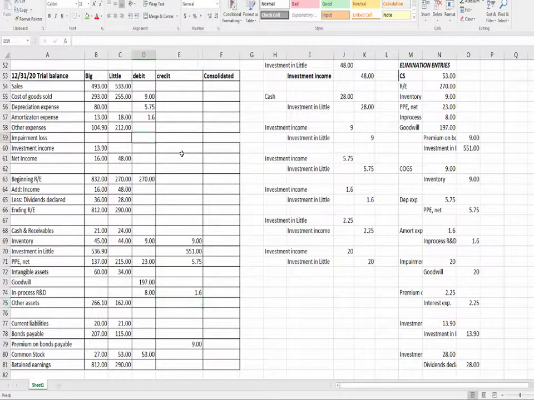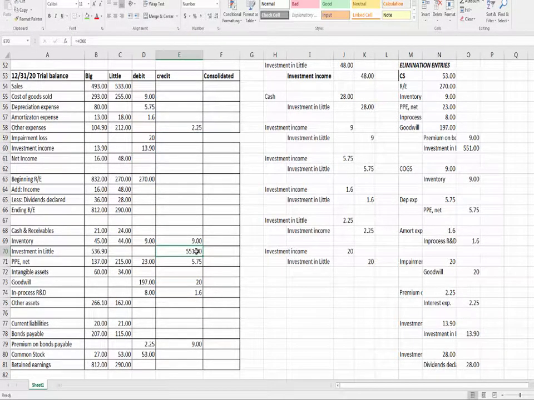Debiting impairment loss plus that. Crediting goodwill plus that. Debiting premium on bonds payable plus that. Crediting interest expense, and there is no interest expense, so I'm going to put that into other expenses plus that. Debiting my investment income plus that.